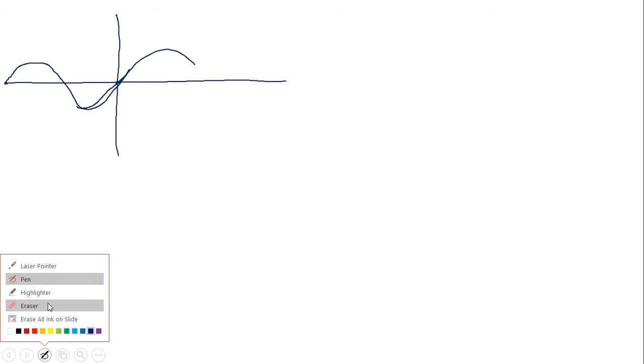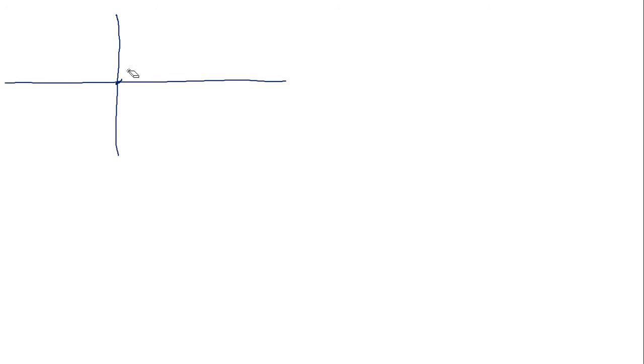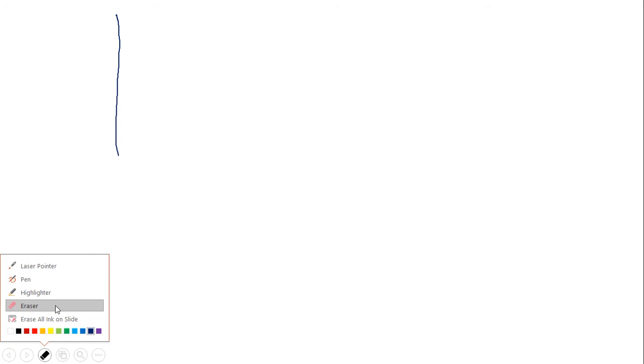it passes through the origin. Say here minus A and here A is the amplitude.